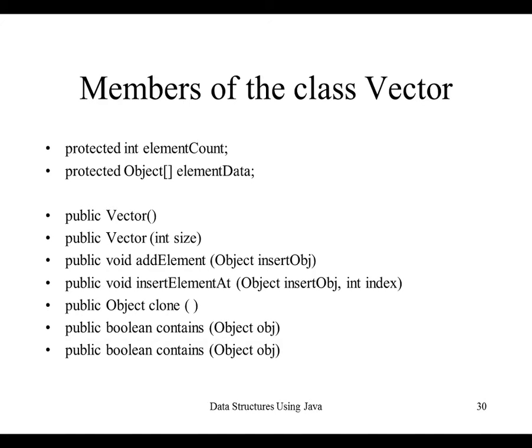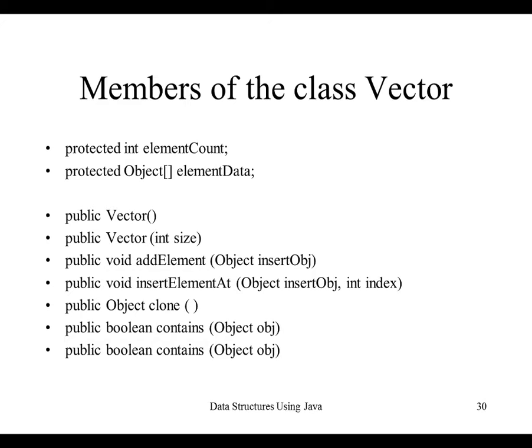The instance variables of the class Vector are protected int elementCount, and protected Object[] elementData, which is an array of references. The constructors are public Vector(), which creates an empty vector of the default length 10, and public Vector(int size) with size as parameter.